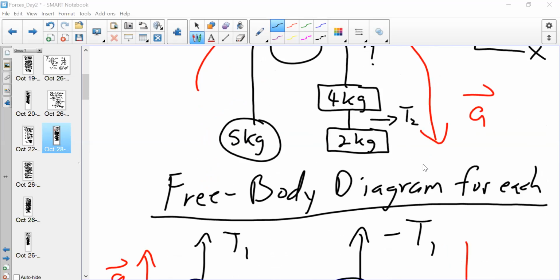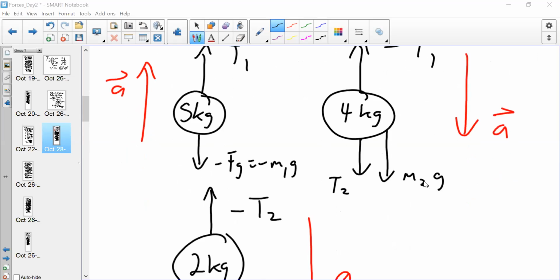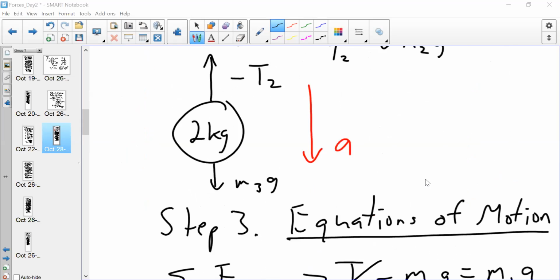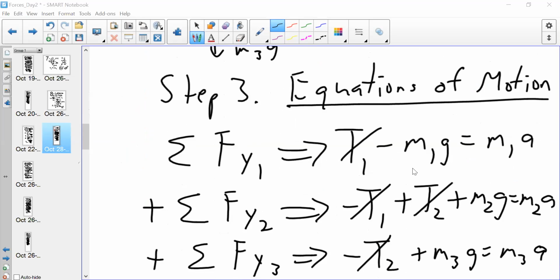After your perspective, draw your free body diagrams for all masses. Once you've done that correctly, then step 3, you write down your equations of motion for all of the masses.